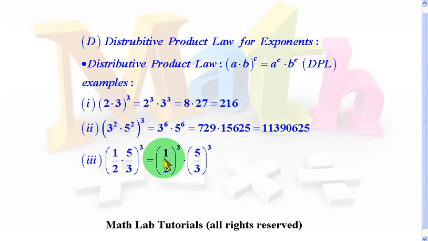And then, of course, you can evaluate 1/2 to the power of 3 as 1/8. And then 5/3 to the power of 3, you can multiply that out. I believe you get 125/27. And then you can multiply that out, etc., etc. I'll leave that for you to do. Okay. Let's go on to the next slide.